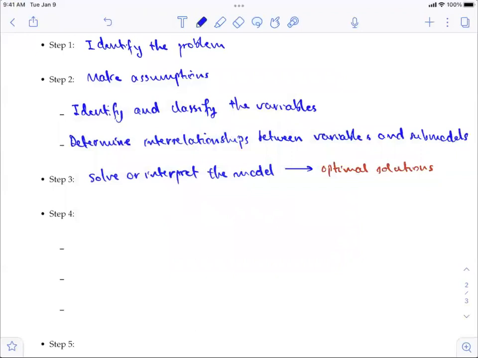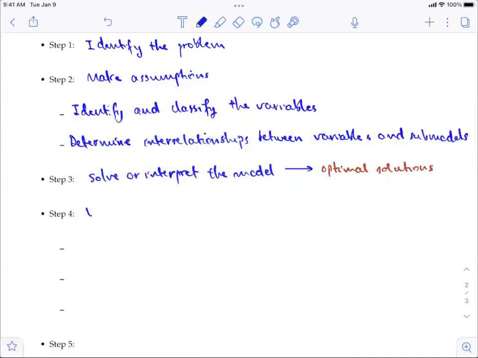All right, so you have seen this type of optimal solutions already in lower level math courses, right? So when you want to find the maximum value or the minimum value of some functions, the solution you obtain is called the optimal solution. Okay. And now you solve, interpret the model.